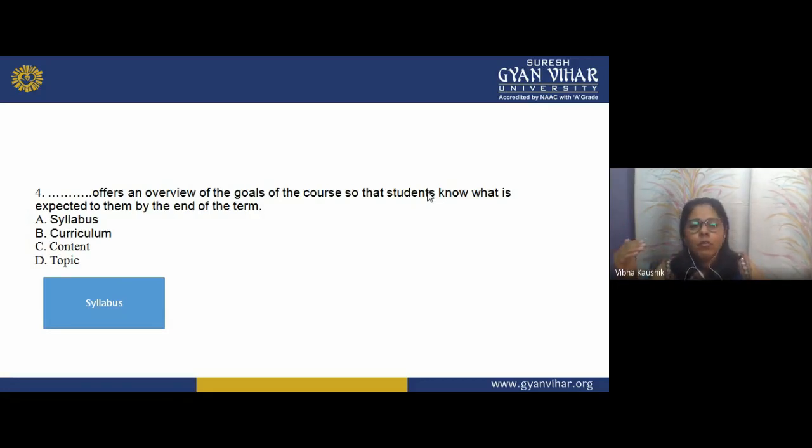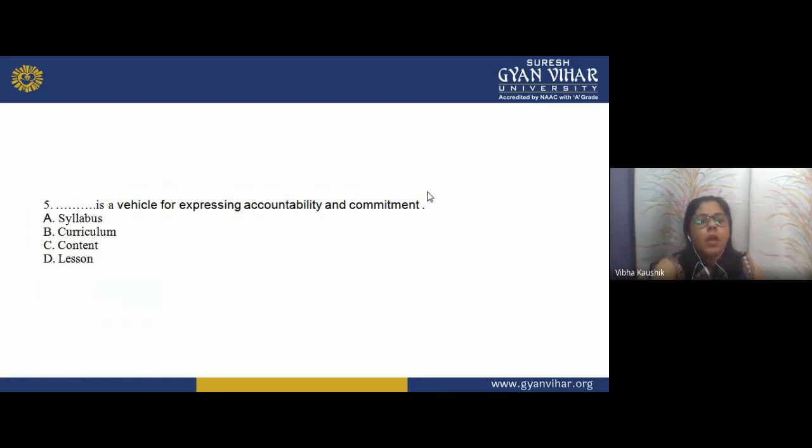Now, syllabus gives an overview of the goals of the course, that these are the goals of the course, and after completion of this course, we expect such things from our students by the end of the term. Now, the fifth one: dash is a vehicle for expressing accountability and commitment. Now, what is that which expresses accountability and commitment for achieving these particular learning objectives amongst the learners?